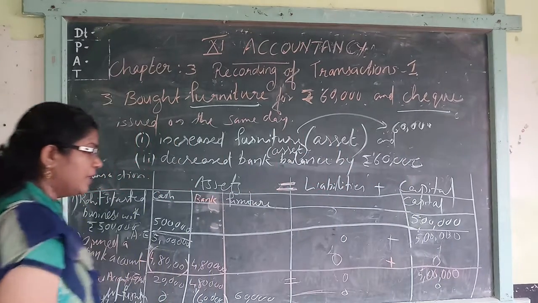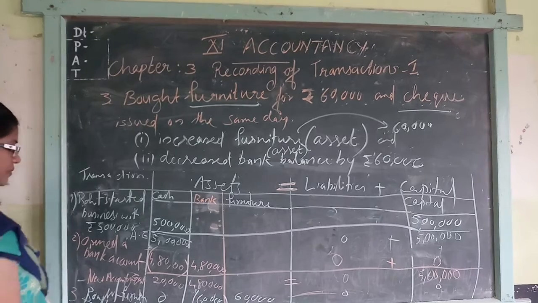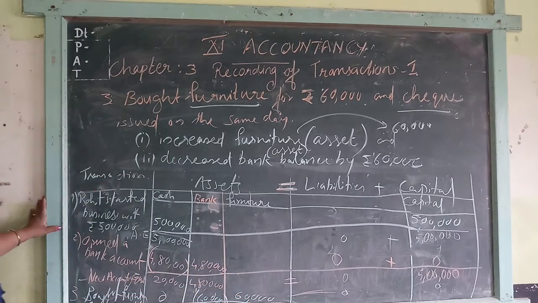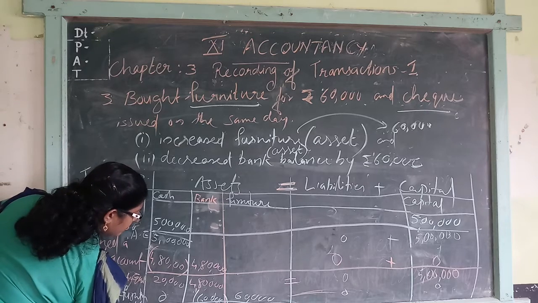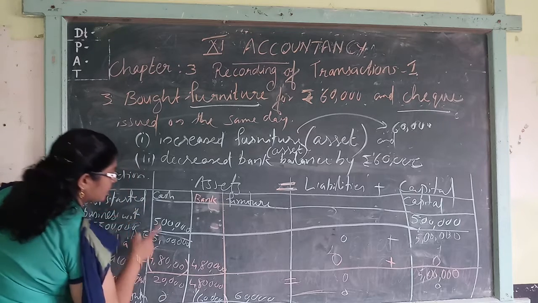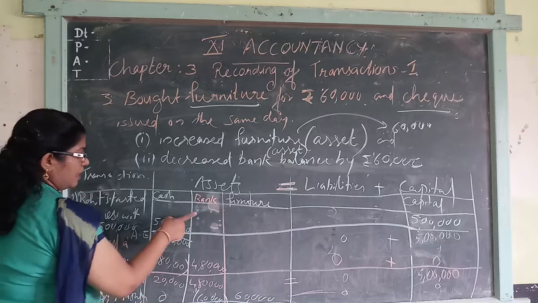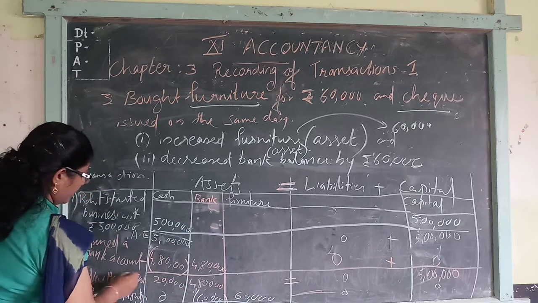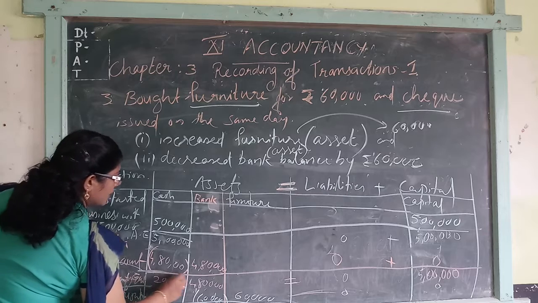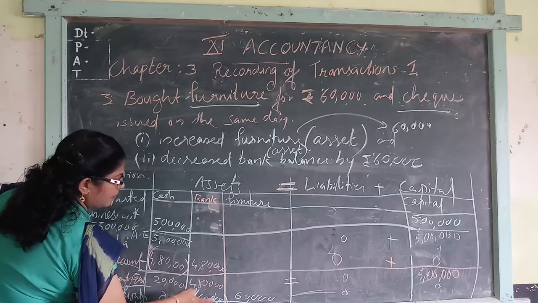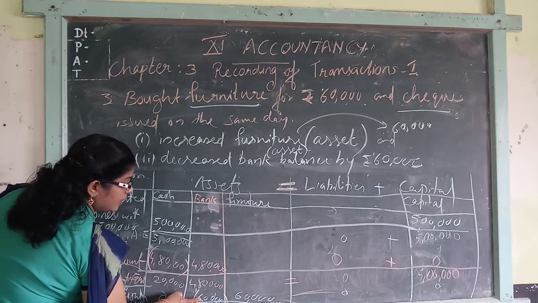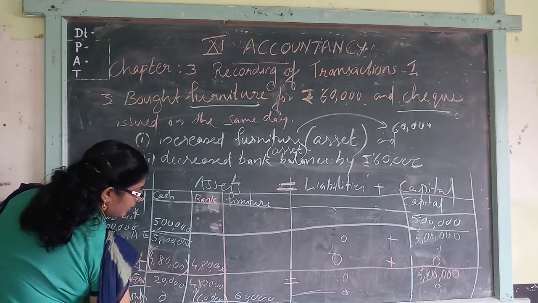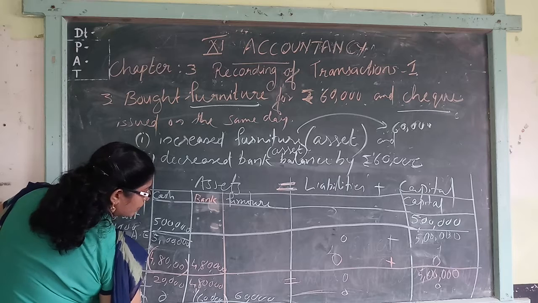Okay. Proceed. So then take the total. 20,000 cash balance. Compare this with this one only, don't compare with the previous one. This is called a new accounting equation: the previous new accounting equation plus the current transaction. 4,80,000 minus 60,000, 4,20,000.